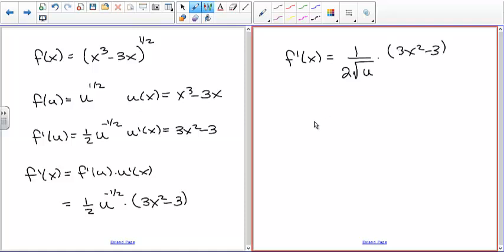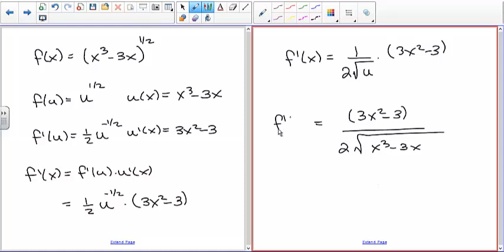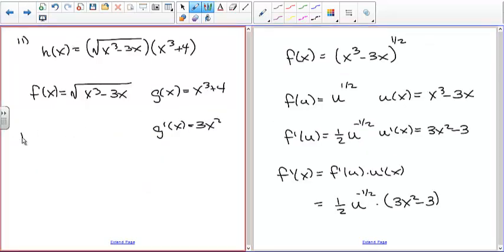And then we can finally plug in u, so the numerator stays the same, 2 still stays the same, and then you plug back u in, which is x cubed minus 3x. So that's f prime of x. So we can go back to our first page here and say f prime of x is 3x squared minus 3 divided by 2 times the square root of x cubed minus 3x.